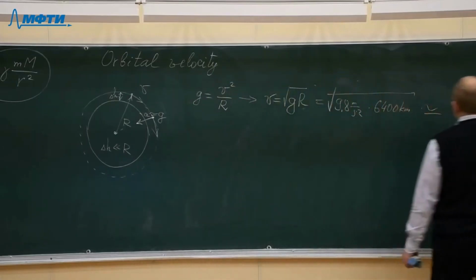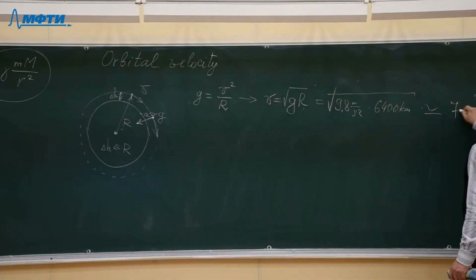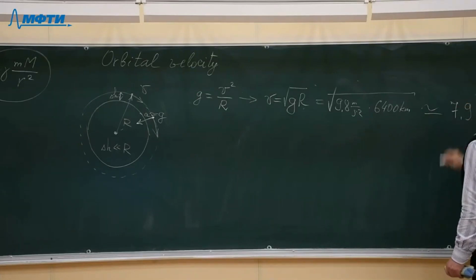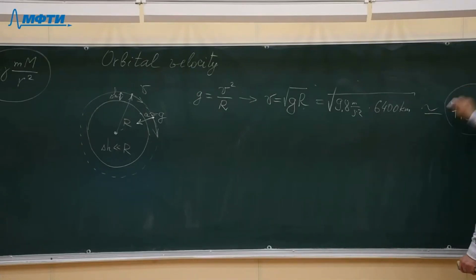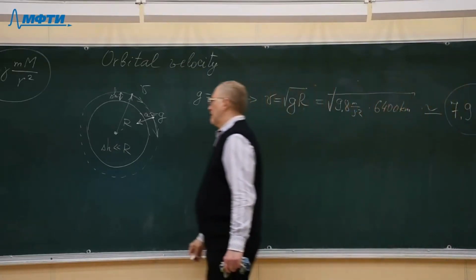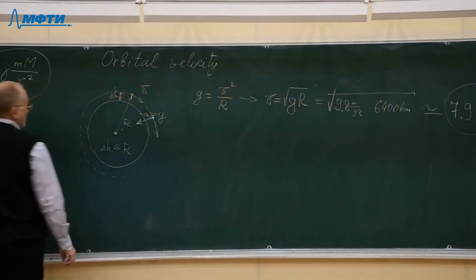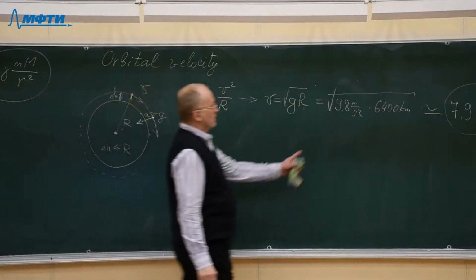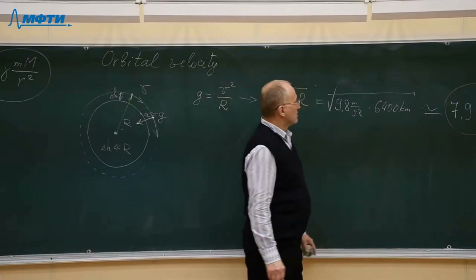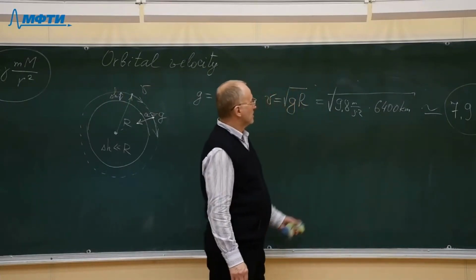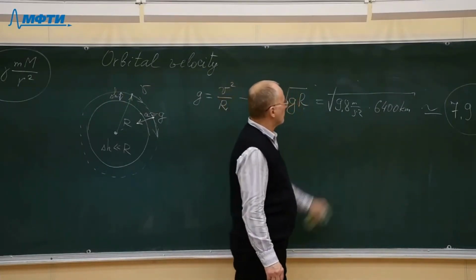And this velocity will be something like 7.9 kilometers per second. That velocity is called orbital velocity. You can carry out these calculations yourself. It's not a complicated problem.